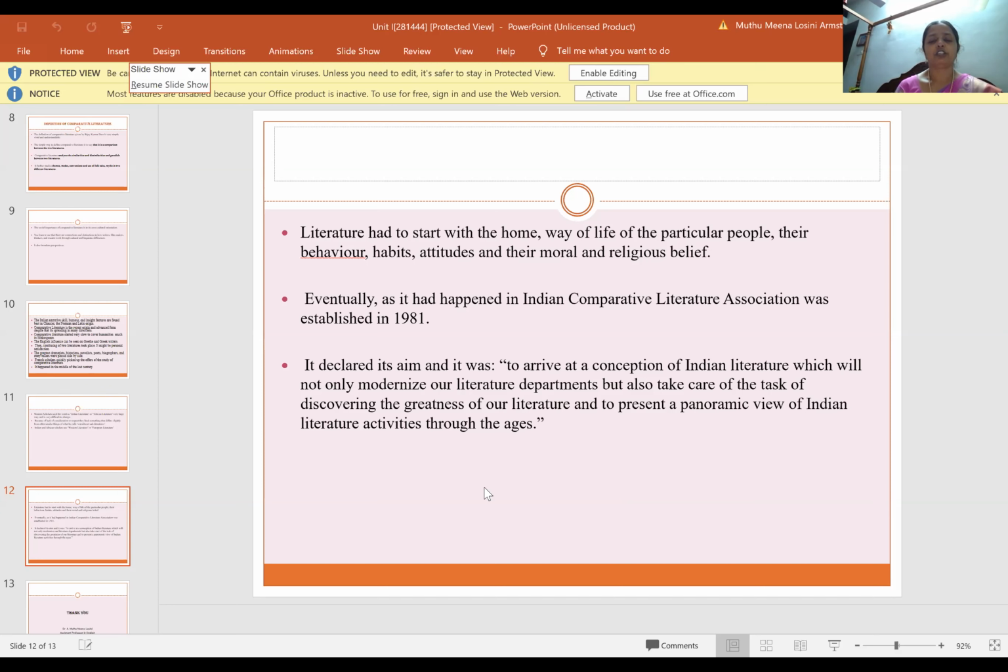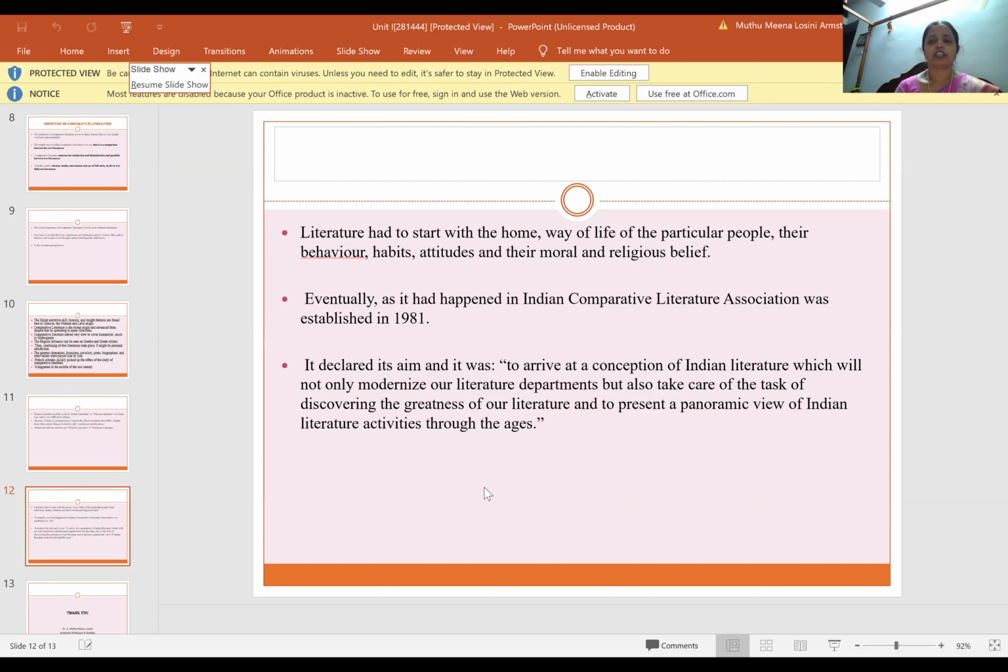So, what is comparative literature? Comparative literature means comparing the literature of two or more nations, two or more cultures, traditions, and societies, and the values, religious beliefs, attitudes, habits, and behaviors of people and their background or environment.